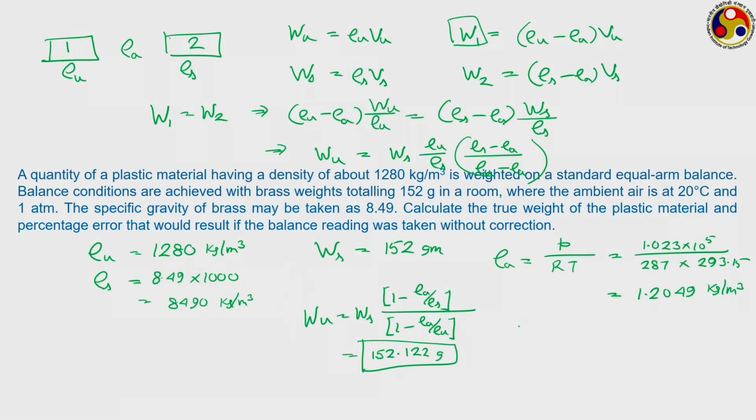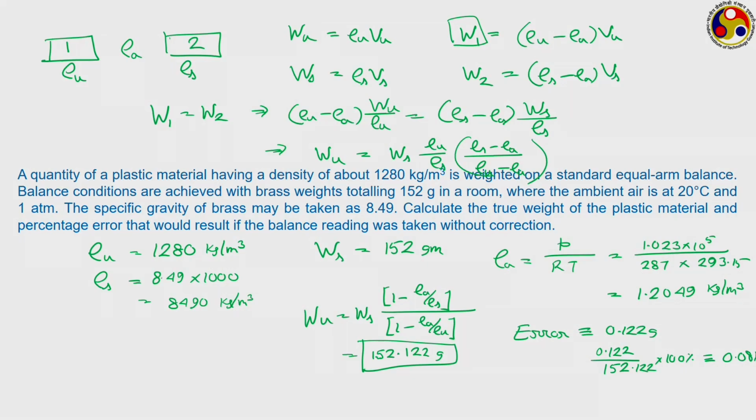So if we want to check the percentage error, here the error is 0.122 gram. To calculate the percentage, this much error is present in 152.122, into 100%. That will lead to something like 0.08%. So it is extremely small for this case.